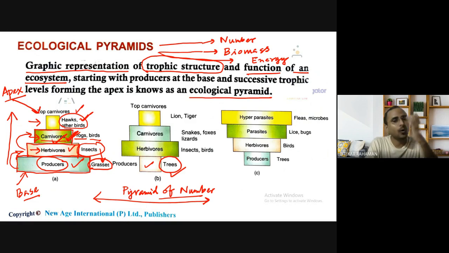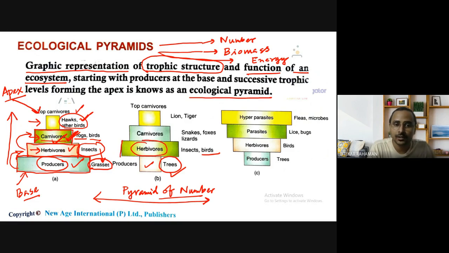And in a particular tree, there are several insects, or a lot of birds are there in a tree. So what will be the number of birds and insects as compared to tree? Tree is one, for example, and insects are more, birds are more. So they are herbivores, right? Insects and birds are herbivores.